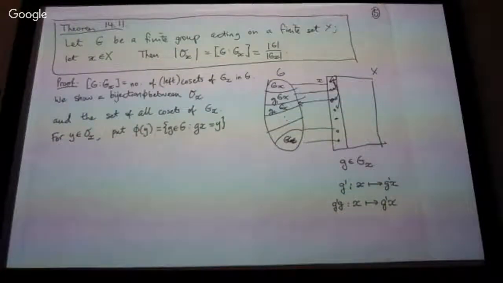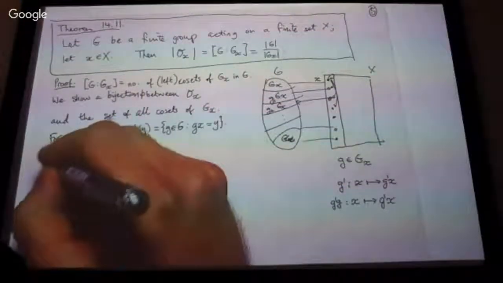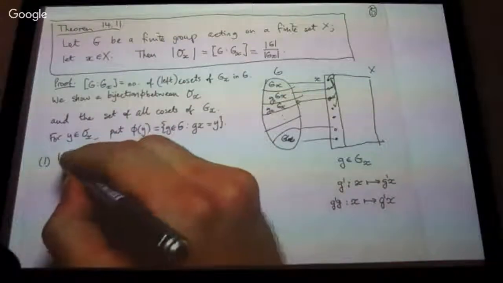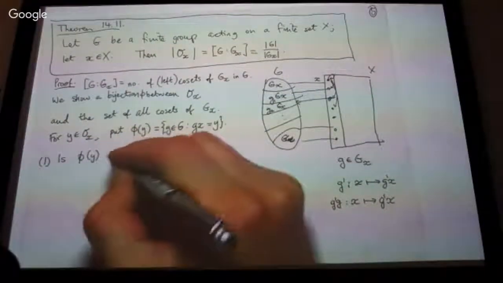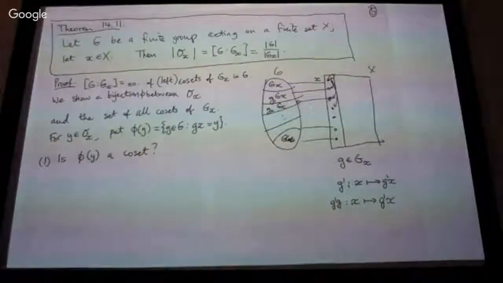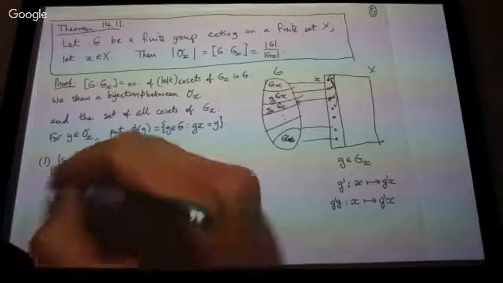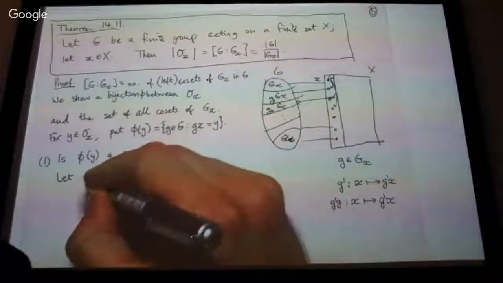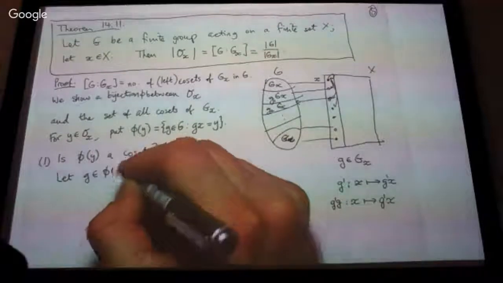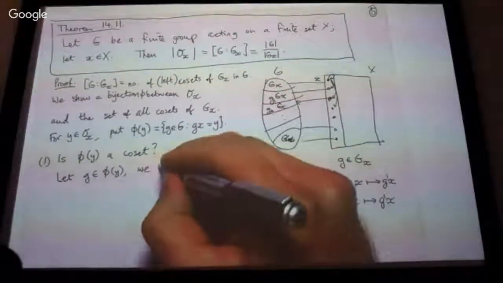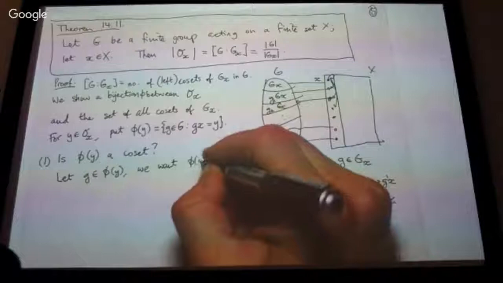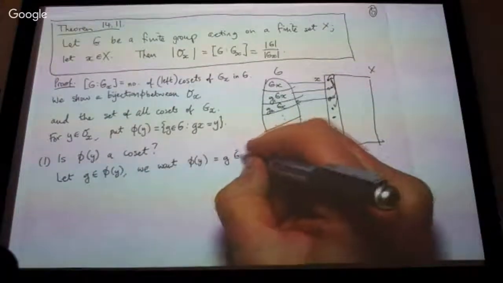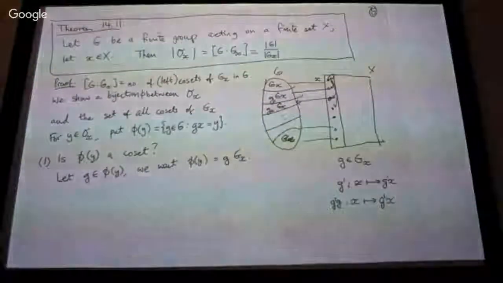So what do we need to prove? First, that it's a coset. So we prove, well, we look at something that is in the set, and we want the whole thing to actually be the coset defined by this.